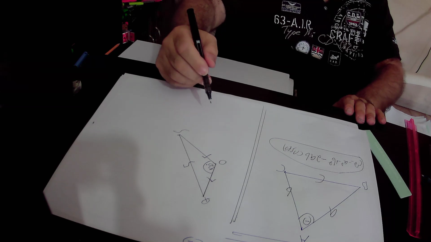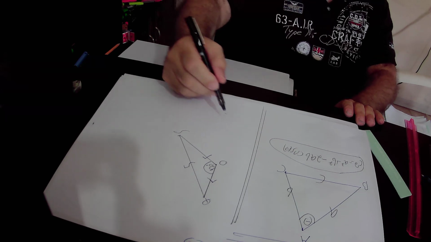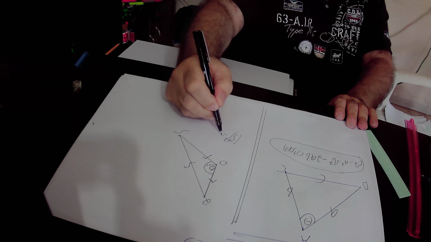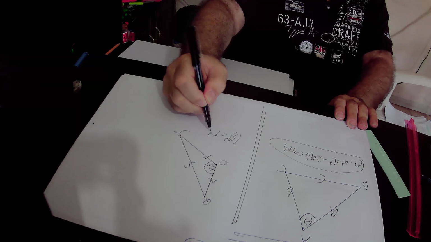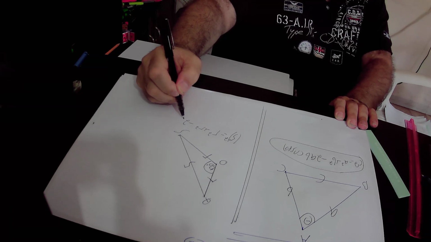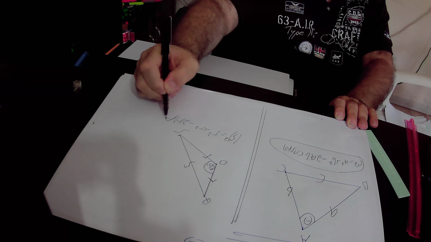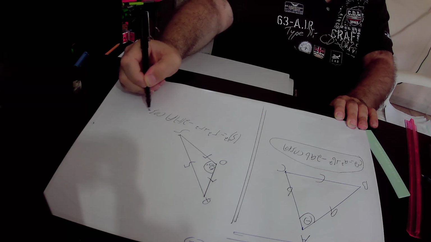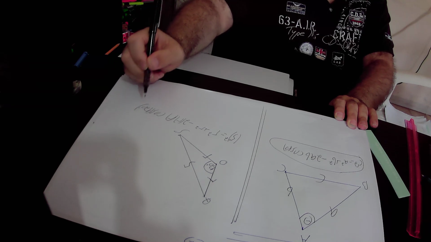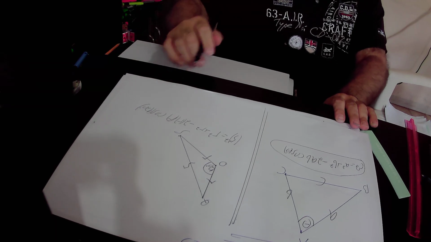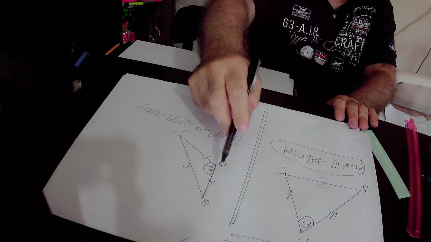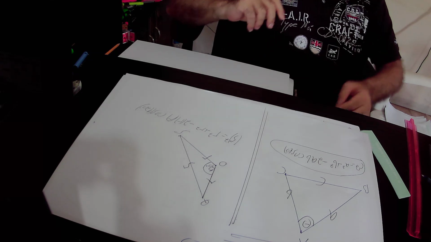According to the law of cosines, 5 squared equals R squared plus R squared minus 2 times R times R times cosine 120 degrees.